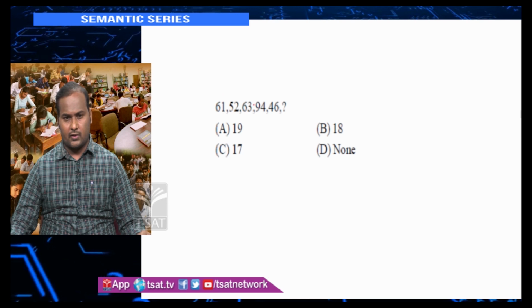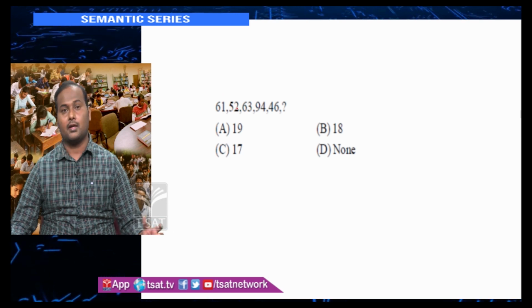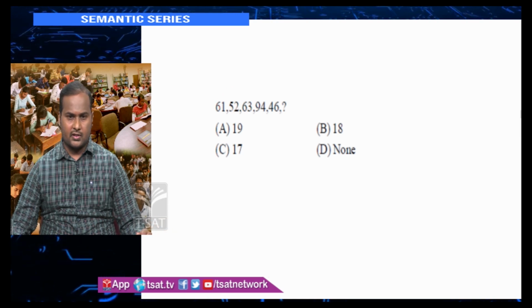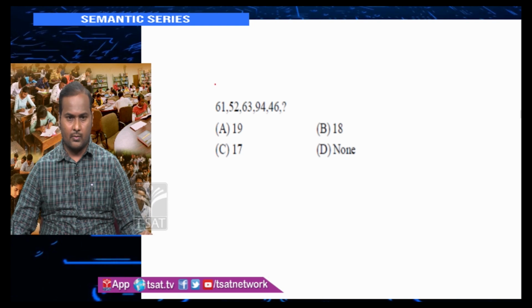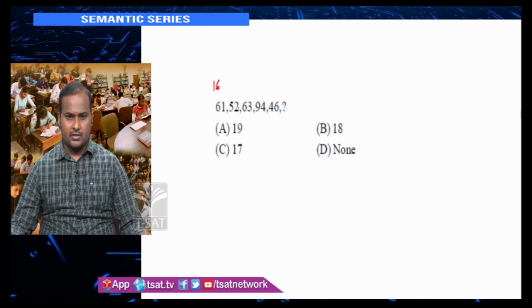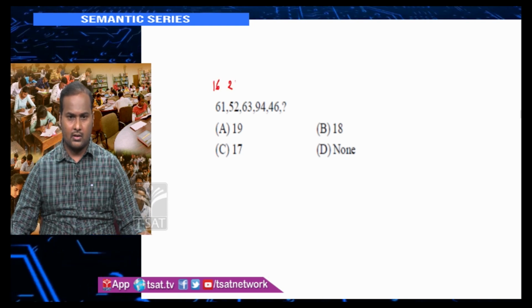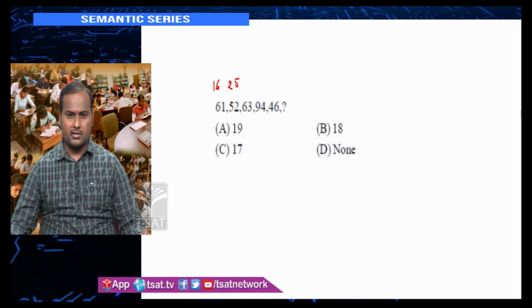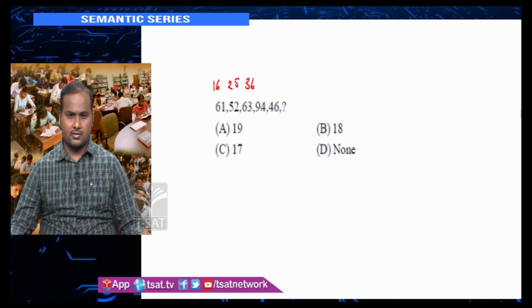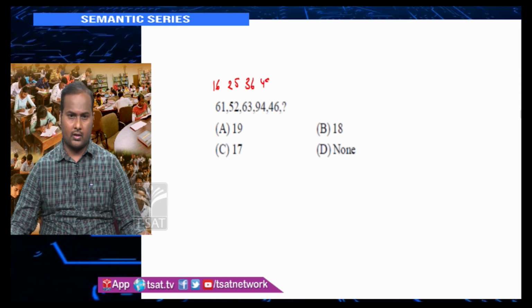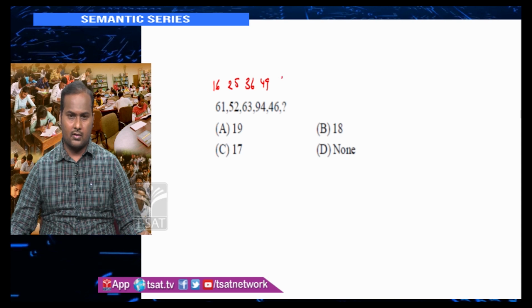If you see these numbers very closely, they are squares, but they are inverted. How? It is 61. If you invert these numbers, it will become 16. It is 52. Again, you reverse it, you will get 25. It is 63. Reverse, 36. 94. Reverse, 49. 46. Reverse, 64.